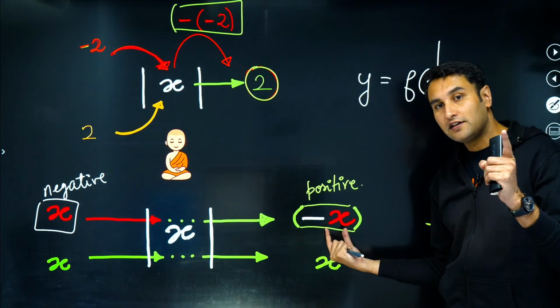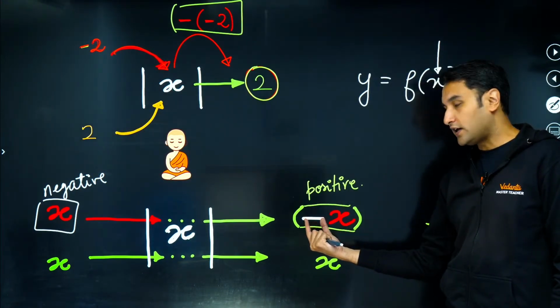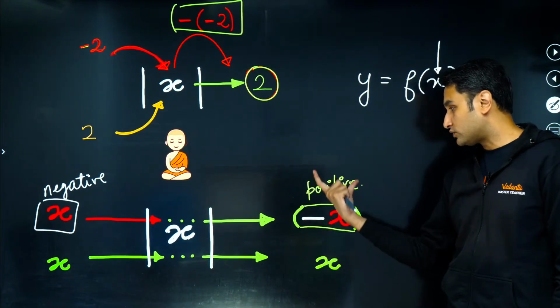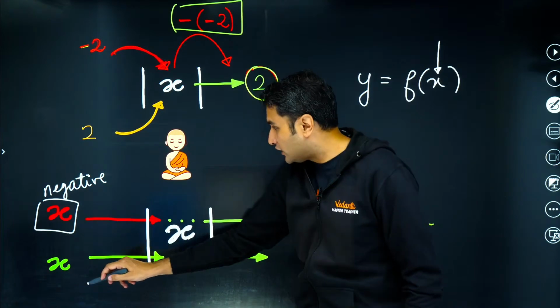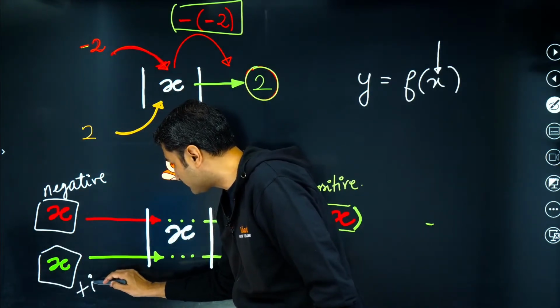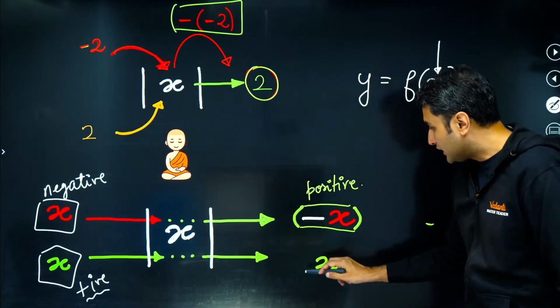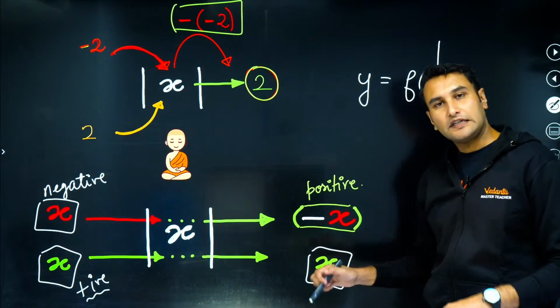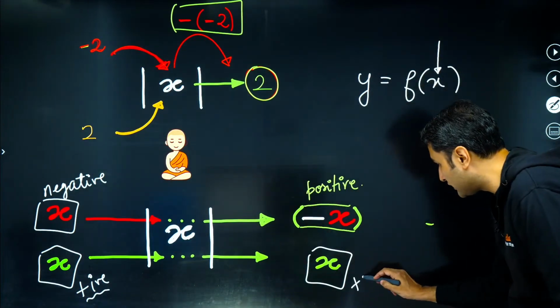So -2 with a minus sign became +2. This is positive. If x was already positive, then what comes out is the same number without any change, because it already was positive.